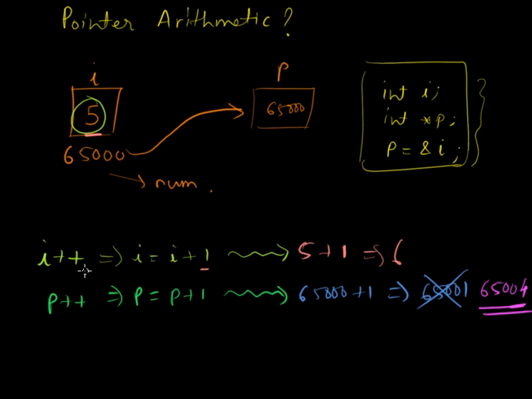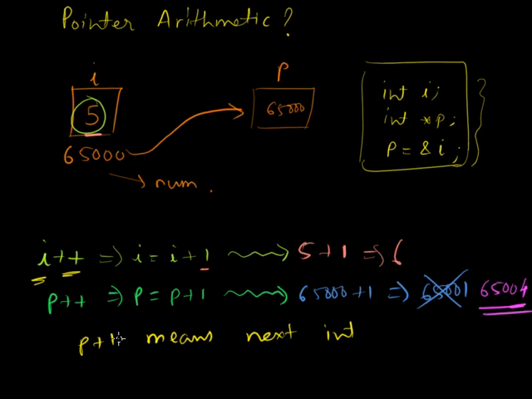When you apply incrementation, or any arithmetic, to a normal variable, it applies it to the value. Now a pointer variable does not store a value, it stores an address. Now when I say P plus 1, it means that we want the next integer, right? Because the pointer is a pointer to an integer.